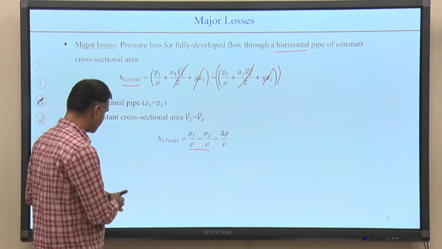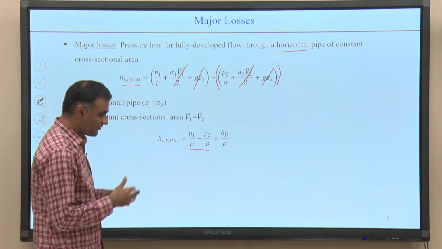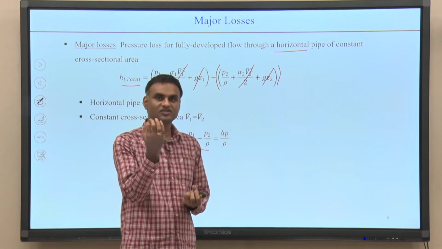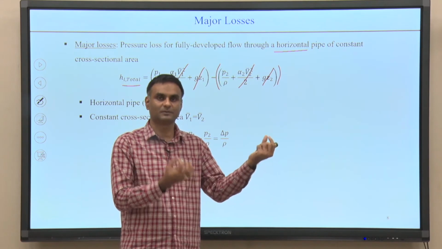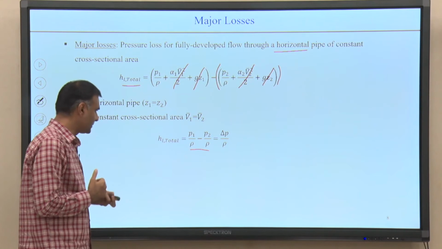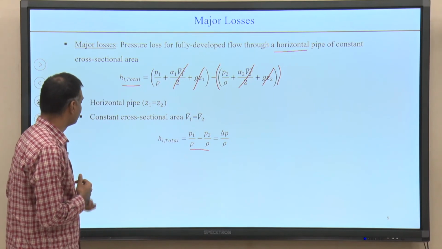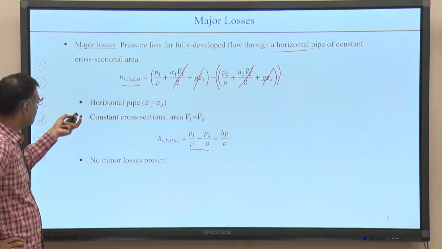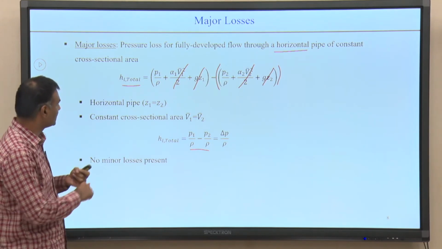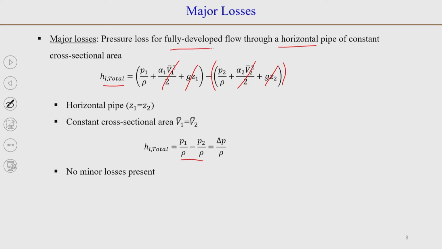That is my head loss. But, say, the head loss in a 1 inch diameter pipe and a 2 inch diameter pipe needs to be calculated separately, because it depends upon the diameter of the pipe. Here we consider that the flow is fully developed, so there is no inlet or exit loss.